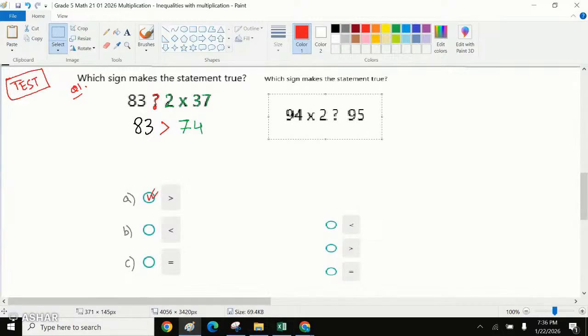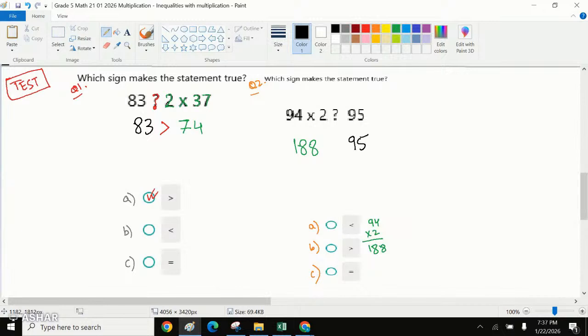This was our question number 2 from the test, and the options are A, B, and C. Which should be greater? 94 multiplied by 2 or 95? 94 multiplied by 2 would be 2 times 4 is 8, 9 times 2 is 18, so we can say 188, and this was 95.